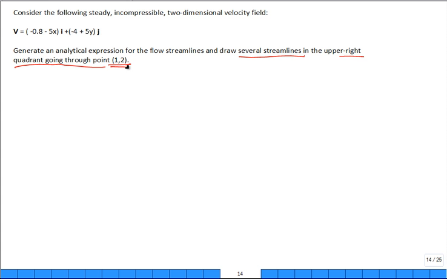But show one that goes through this point. Just put one. One streamline that goes through that point, 1, 2. So you come back over here, you say, here's my x at 1, here's my y at 2. I'm going to plot a streamline through that point.